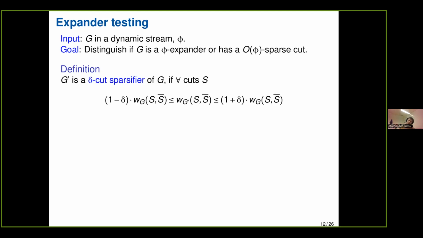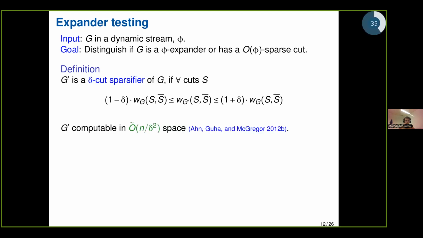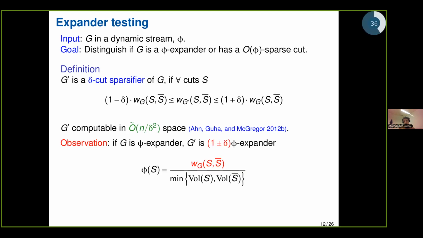This can be done using a delta cut sparsifier. So we could say that G prime is a delta cut sparsifier of G if for all cuts S, their size is approximately the same in G and G prime up to a 1 plus minus delta multiplicative factor. As I mentioned before, G prime is computable in nearly linear in n over delta squared space, in the work by Ahn, Guha, and McGregor.